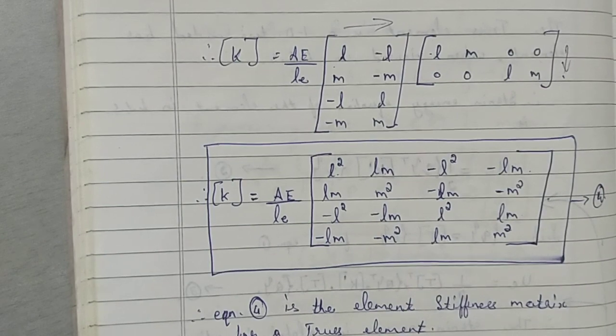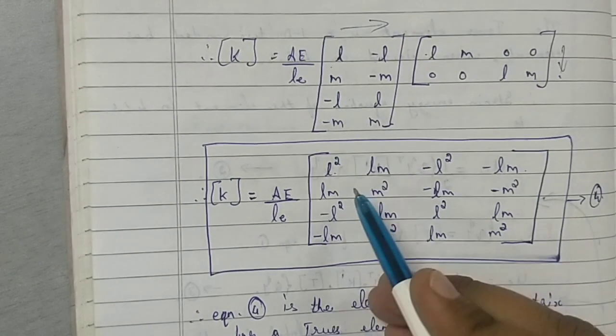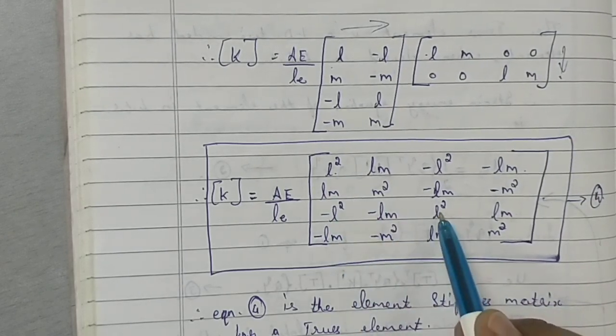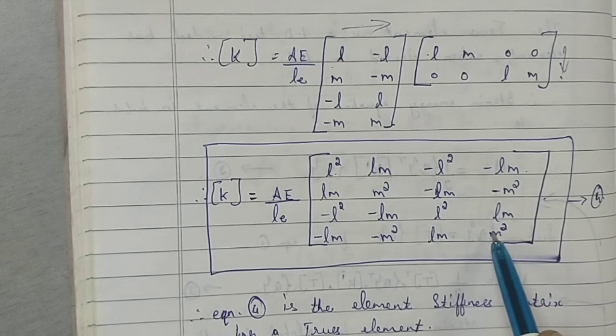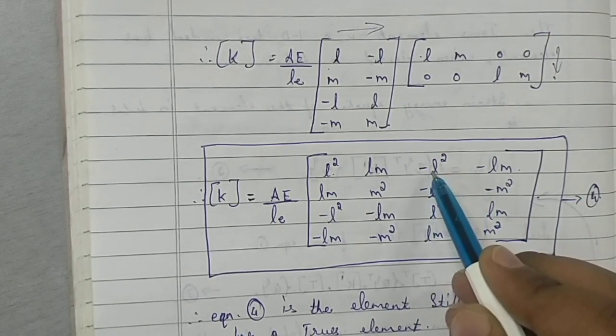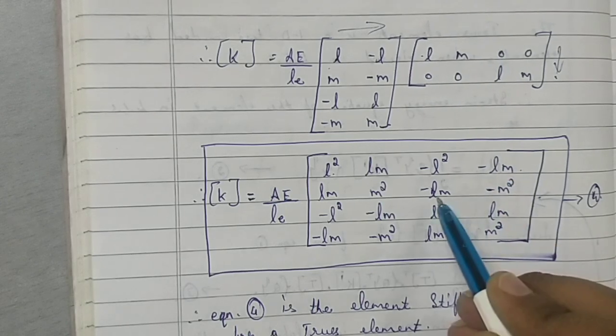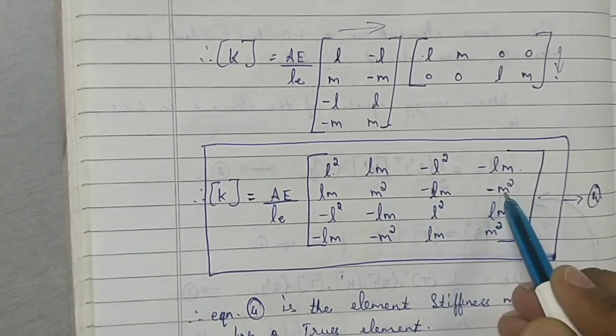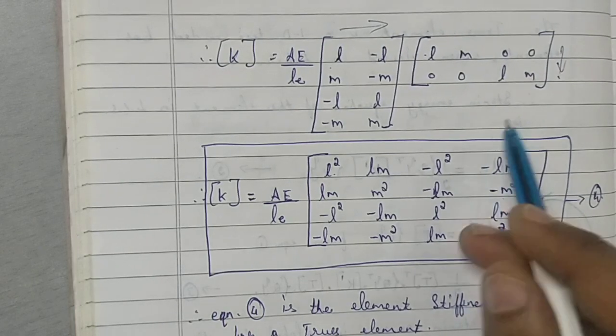So how to remember this for the numericals? Very simple. It's a symmetric matrix. In the principal diagonal, write L square, M square, L square, M square. Since it's a symmetric matrix, the off-diagonal entries are minus L square, minus LM, minus LM, minus M square, with LM and LM common.